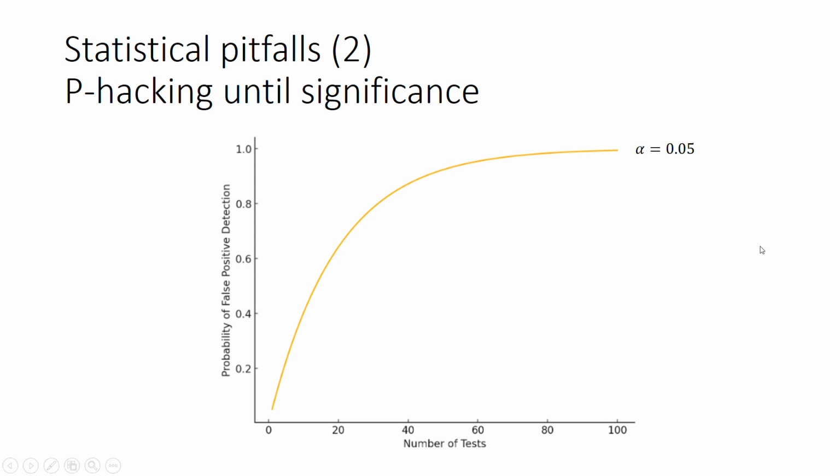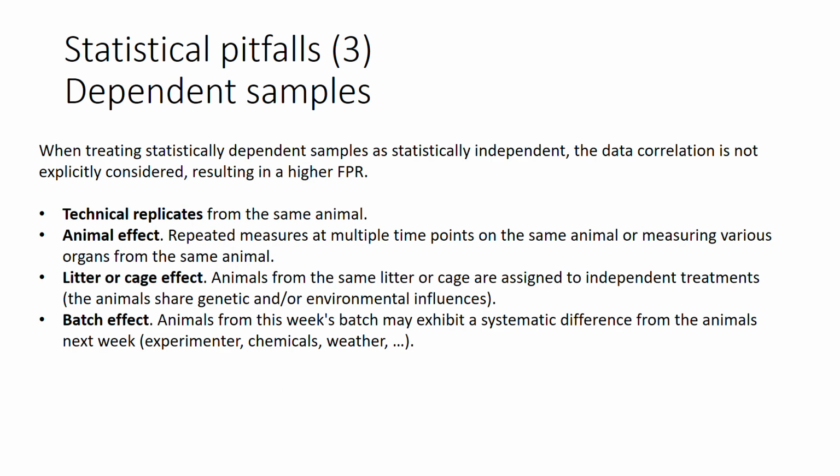There will be one of them that will reject it just by chance. So if you do a lot of tests, the probability of rejecting the null hypothesis is very, very high.